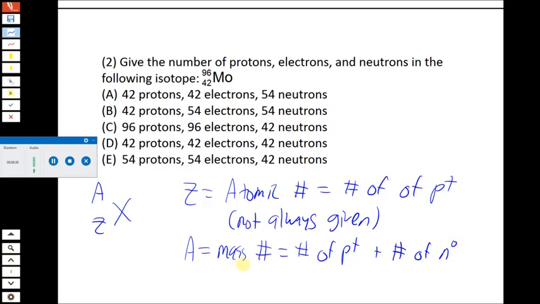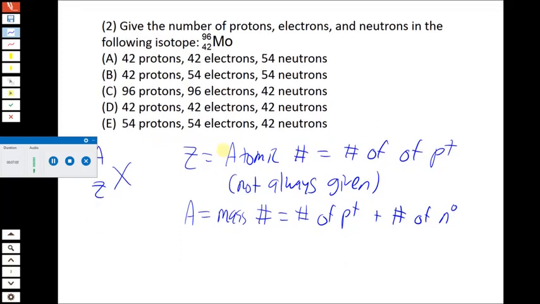And recall that for most elements, you're going to have different isotopes that have different mass numbers. So this is one specific isotope for Mo, molybdenum, but likely there are others that would have different numbers of neutrons and thus different mass numbers that are all still the same element. So those are called isotopes as a reminder of that topic. So that's what the mass number refers to.